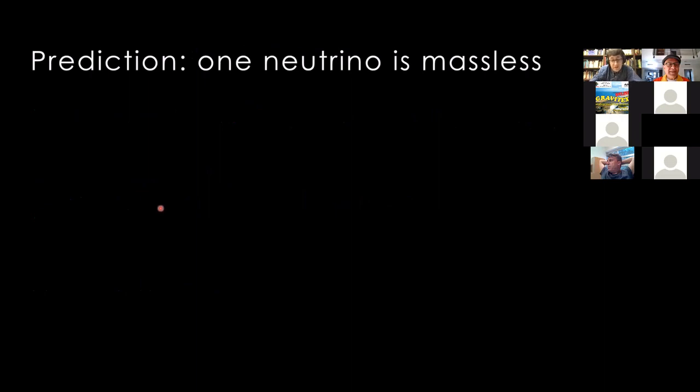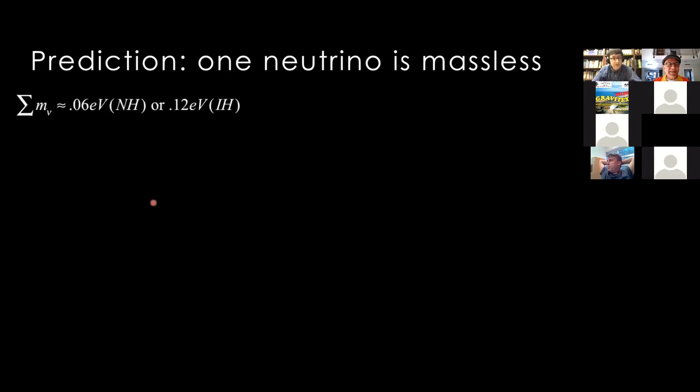Okay, if that's true, then it makes an important prediction about the neutrino sector, which is that one of the 3 light neutrinos, the neutrinos that we have directly observed, should be exactly massless. And so that will be tested by laboratory and astronomical observations in the coming years in 2 different ways.